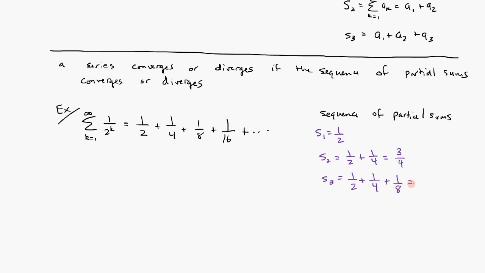If you add these three terms up, you get 7/8. And then S sub 4 is 1/2 plus 1/4 plus 1/8 plus 1/16. And again, if you add all this up, you get 15 over 16. So you can see that the partial sums are getting larger and larger, but they're always smaller than 1.